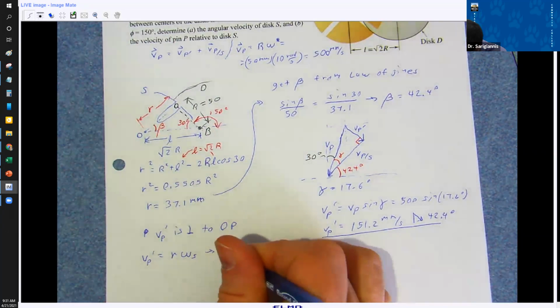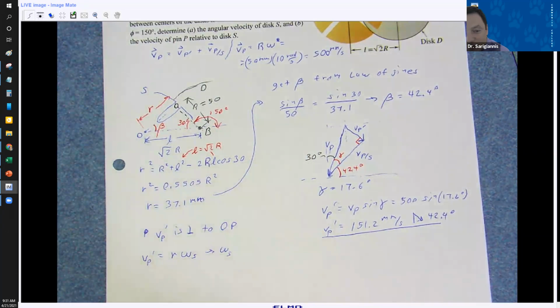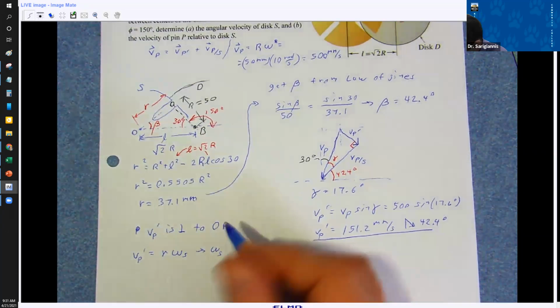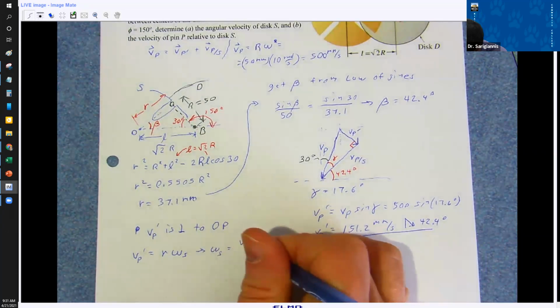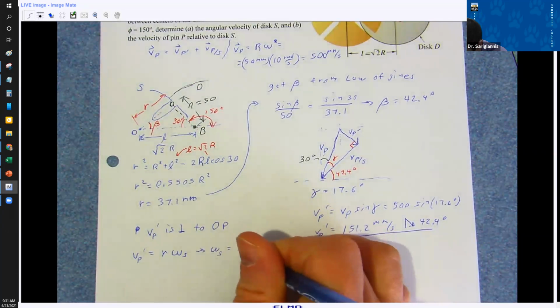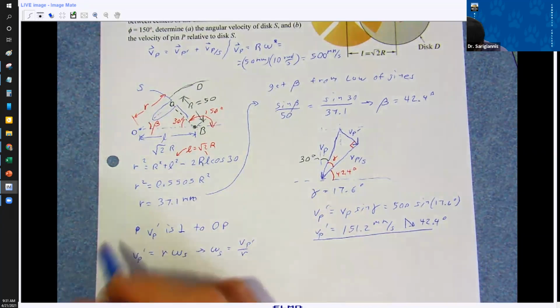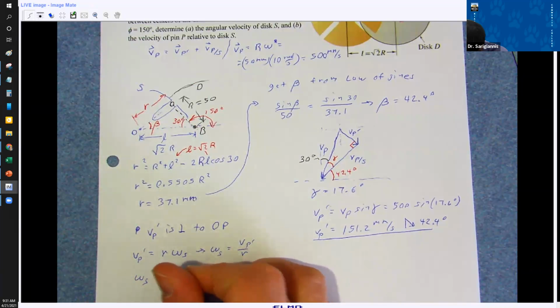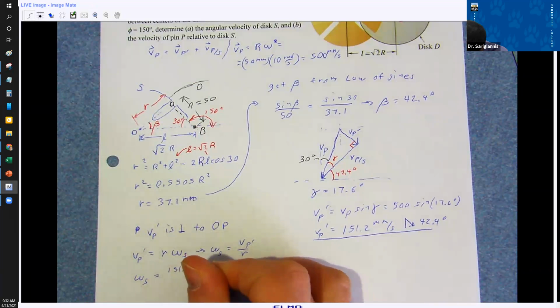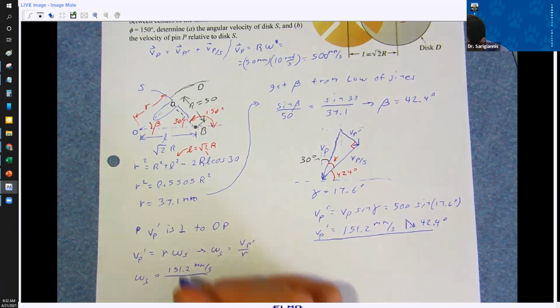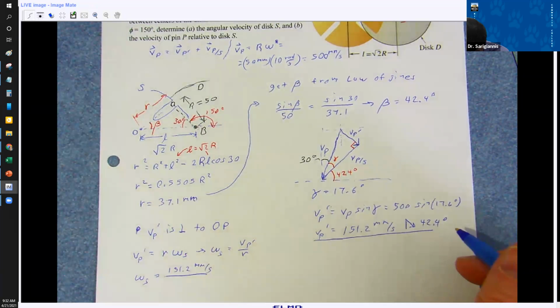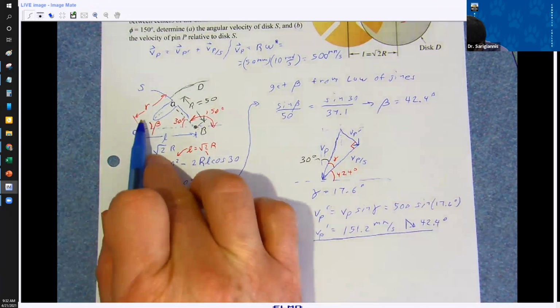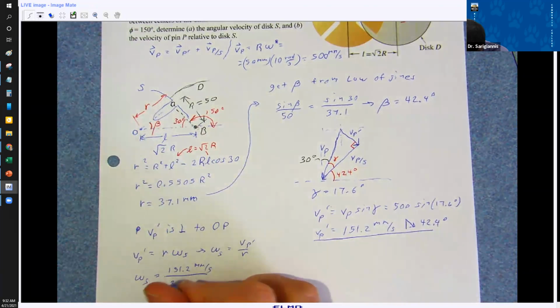So omega S is the angular velocity of disk S, so we can find that by dividing VP prime by R. So here we get omega S is 151.2 millimeters per second divided by little r, 37.1 millimeters.